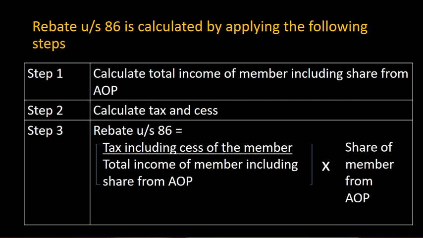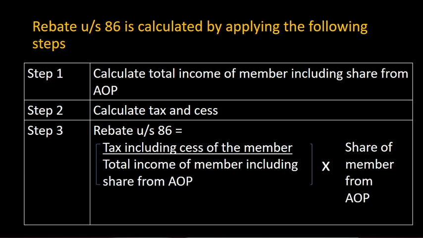Okay, this is purely from the member's perspective. So the member's income from AOP plus the member's income other than from AOP, we have to calculate in step 1. Total it. Then calculate tax on the total income of the member, including health and education cess. If surcharge comes, surcharge also. Tax, surcharge, health and education cess, sum.